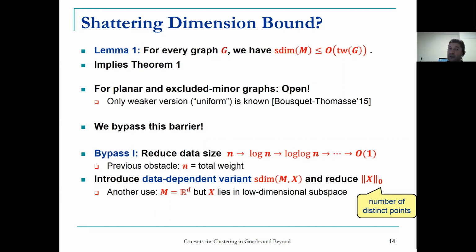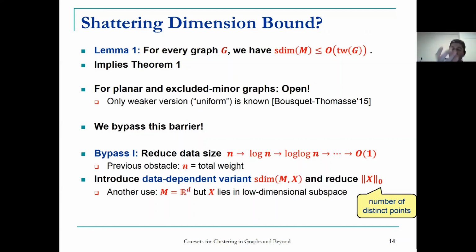So basically, to get the planar result, our approach is to bypass this barrier because we don't know how to solve this open problem. And we have two ideas that we use to bypass this barrier. The first idea is to reduce the data set. This is a very naive idea. You say, I have n points. I know how to reduce them to log n.